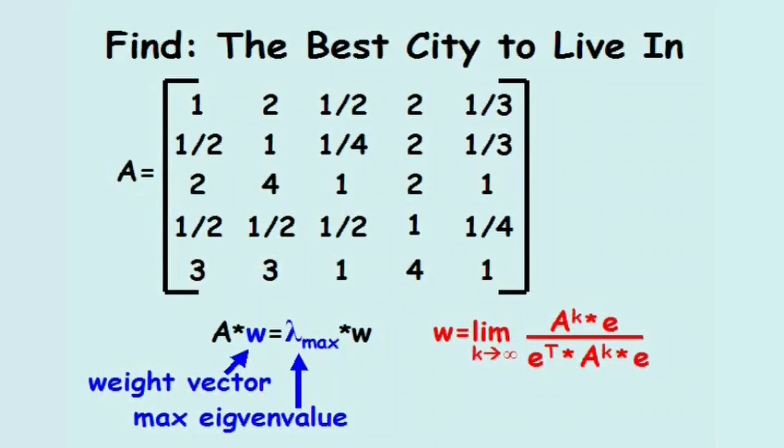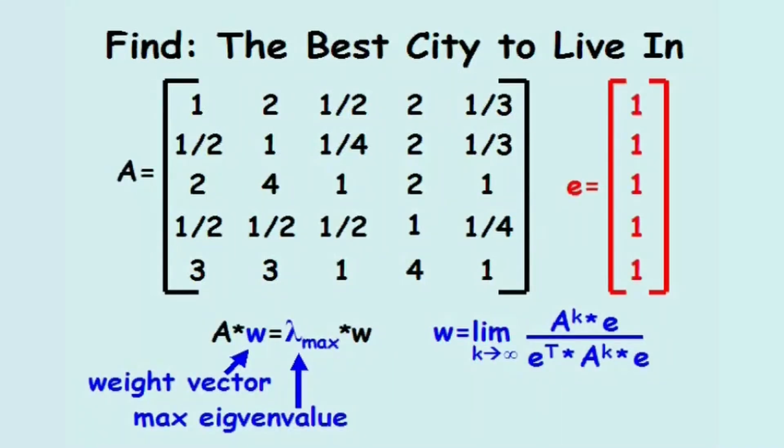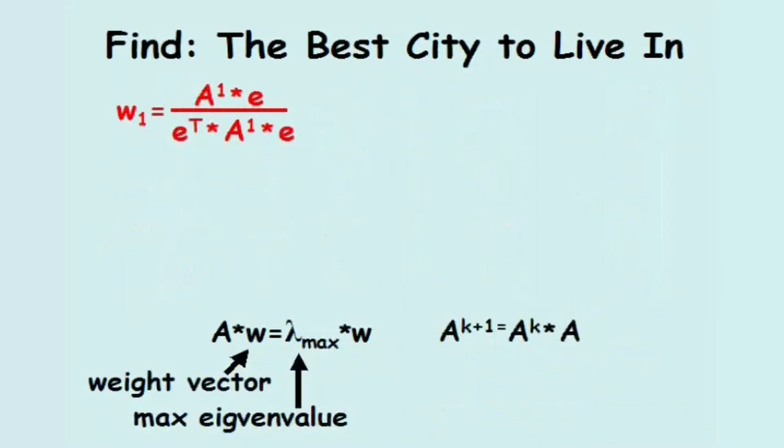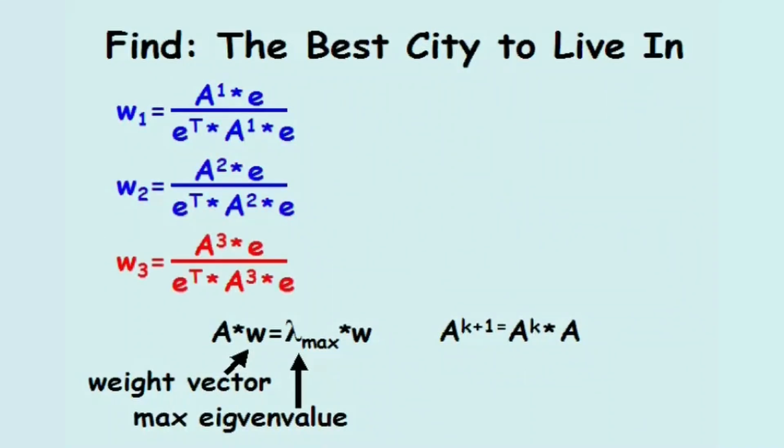The weight vector is equal to the limit of A^K E divided by E transpose A^K E as K approaches infinity, where E equals the unit vector, A1 equals A, and A^(K+1) equals A^K A. Successive approximations of the weight vector, W, are made until its values converge within a reasonable tolerance, say, to the nearest thousandth.